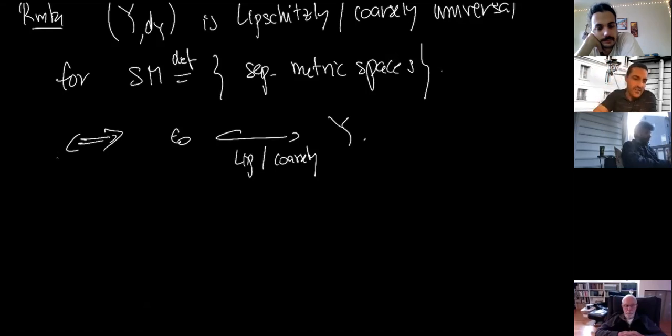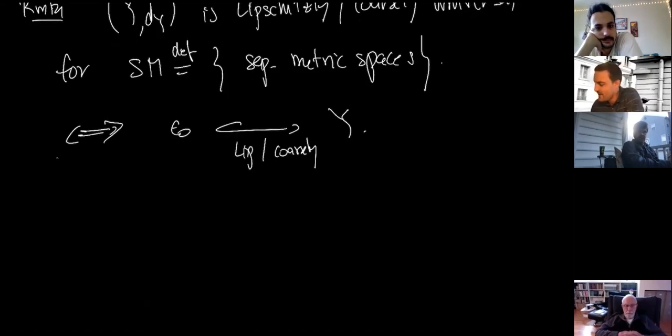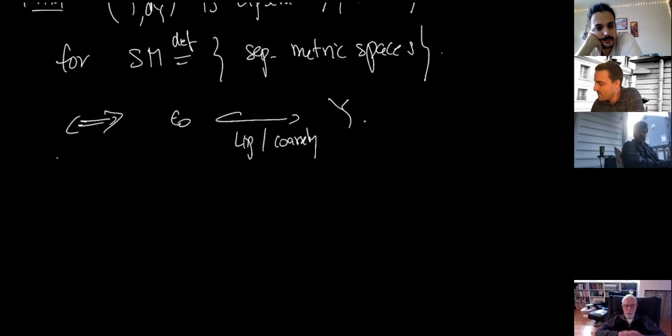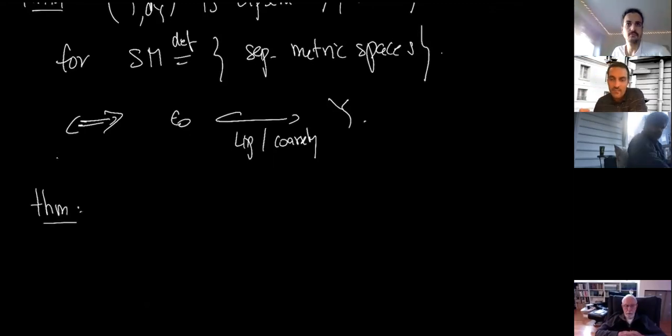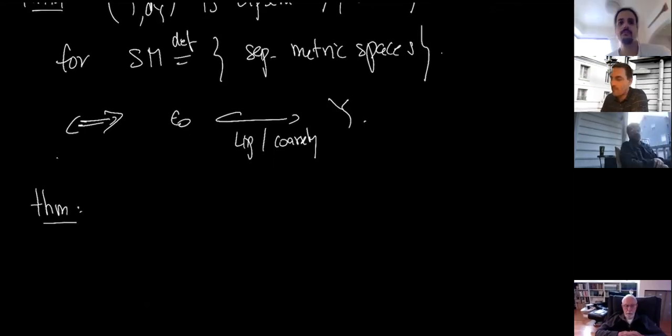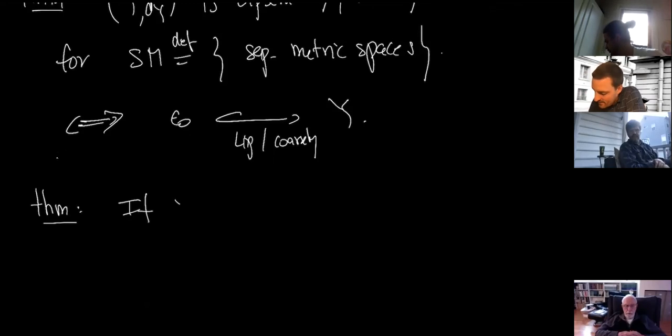I think there are definitions of that, but I'm not sure how it would fit in the type of things we're trying to do. So we will be concerned with finding metric analogs of Bourgain's theorem. And one theorem that I want to state is the following.